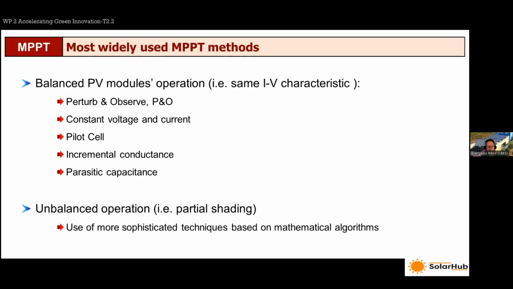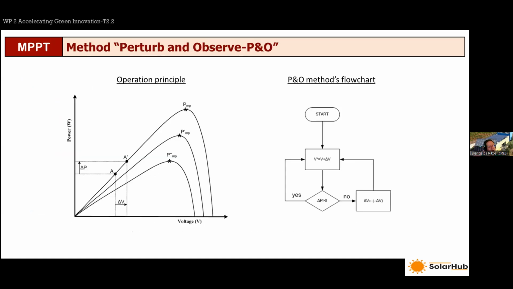So the perturb and observe method used in these applications is a very simple approach in which the load or the converter applies a slight change in the DC voltage at the input side, and it measures the change in the power. And depending on the sign of this change of the power, the algorithm can deduce if we are approaching the maximum power point or moving away from it.